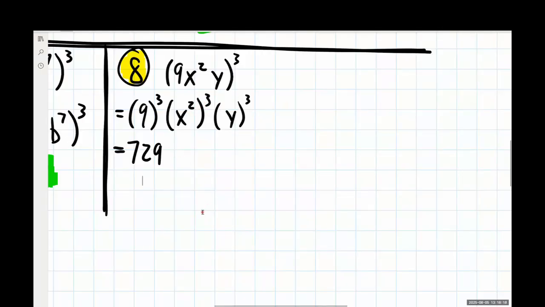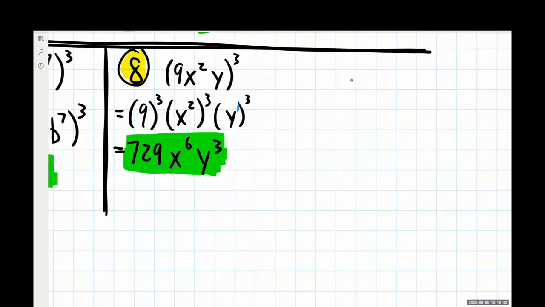That's going to give me x to the 6th power. And then y, technically to the 1st, if you want to write that in for yourself, all raised to the third power, is going to give me y to the 3rd at the very end. And from here, I have my final answer, and I'm good to go.